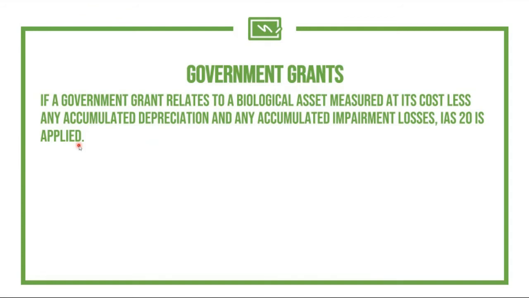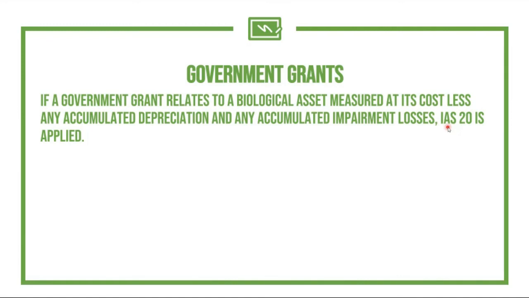It may be something to be protected. So if it is measured at cost, because you do not know the fair value less cost to sell, because in the first place it is not held for sale, or it is not supposed to be sold, then the biological asset will be recognized as an item under IAS 20.